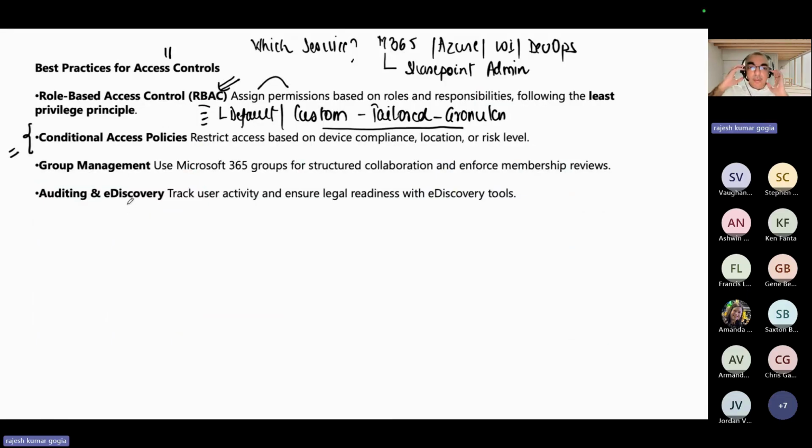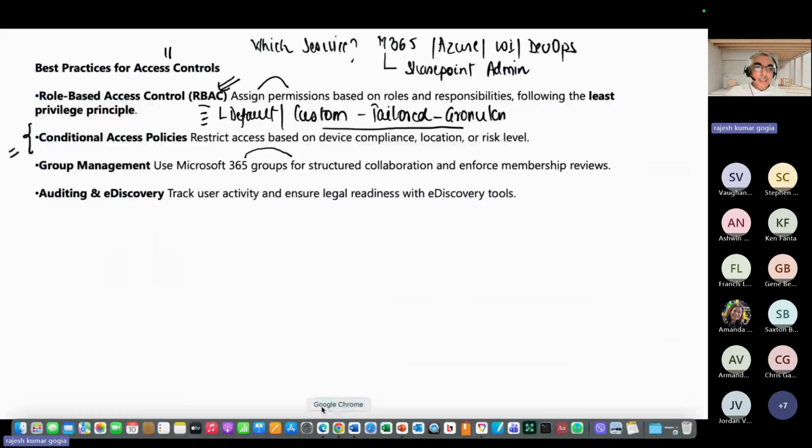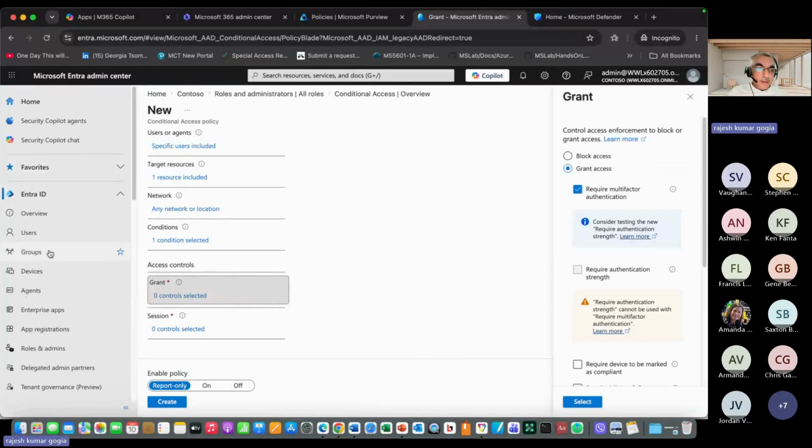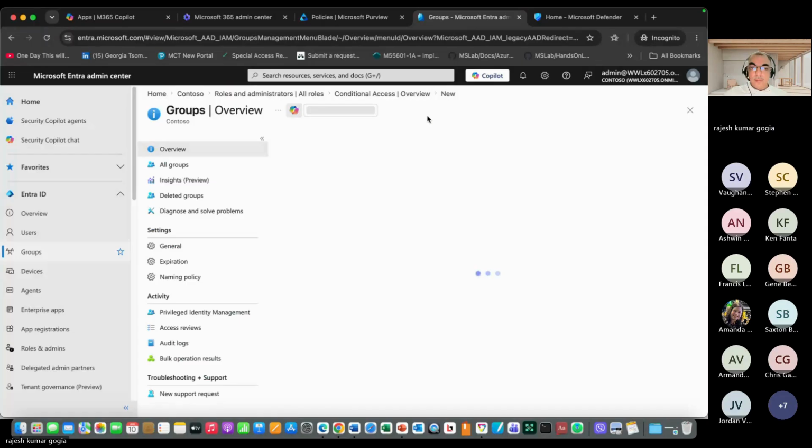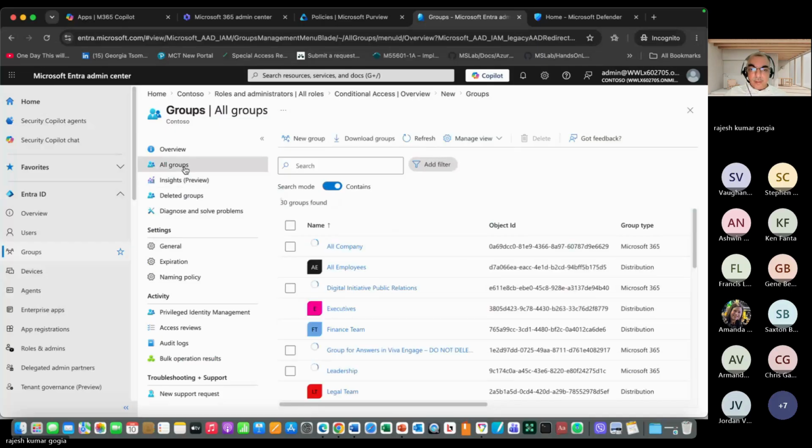Similarly, from the access control perspective, it is always a good approach to use Microsoft 365 groups. Why groups? Because if you see here, let's say groups. What you can find?